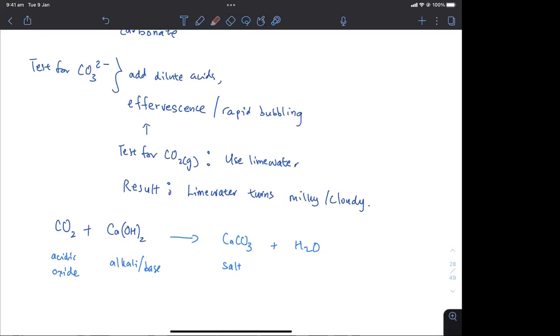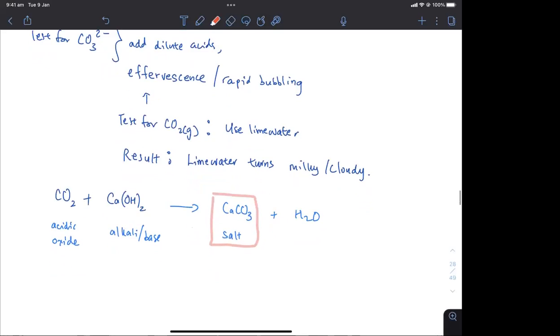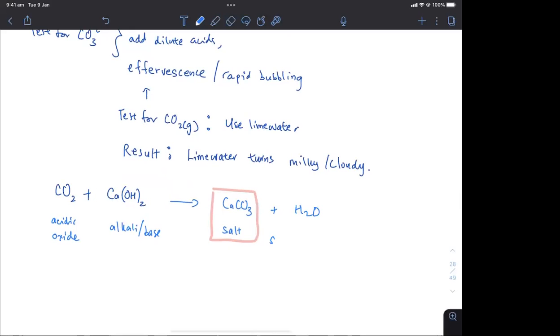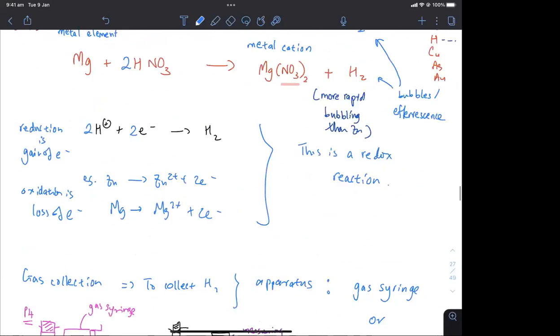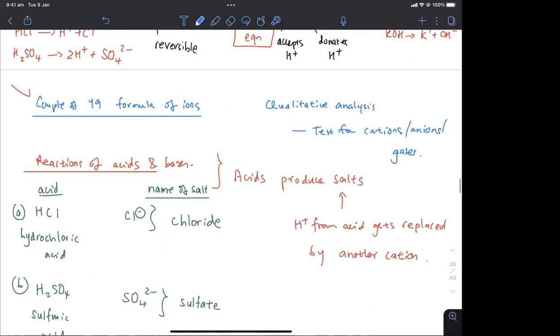Okay, guess what? Have you learned solubility rules, Irene? Solubility rules? Okay, have you done salt preparation at all? Have you done this topic called salt preparation? Have you done the acids and bases topic?